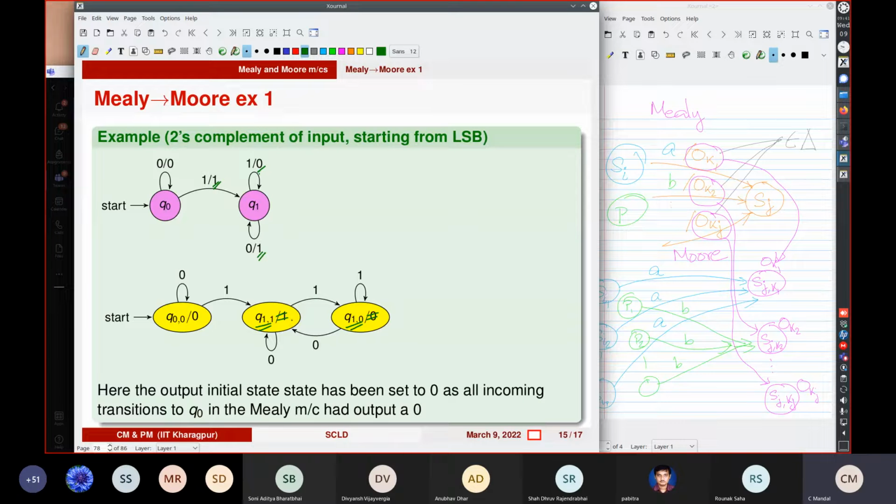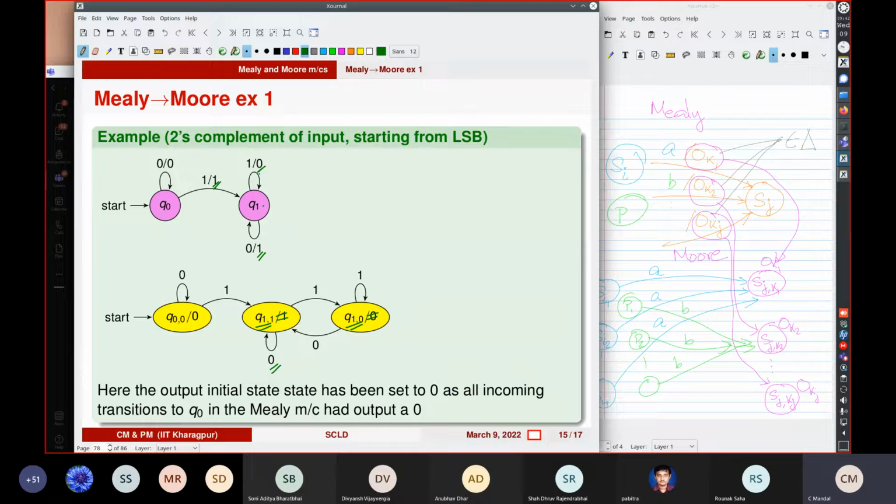Sorry, Q1. What have I done? I would have thought that the output would be 0. So let us just check. I might have made a mistake.